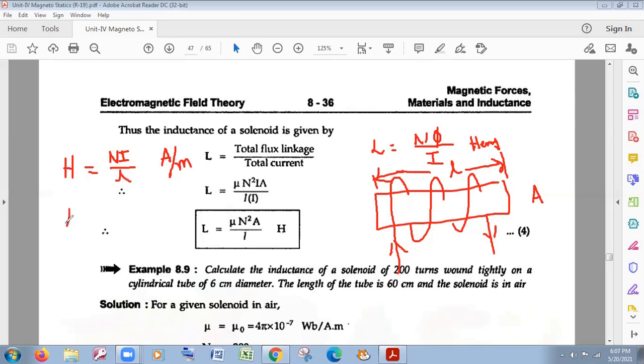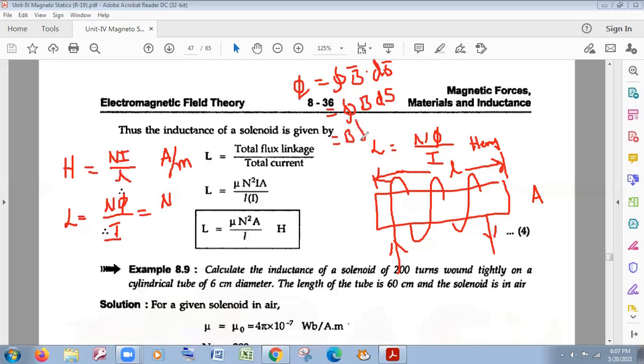The total flux linkage: whenever L is equal to the total flux linkage, it means N into phi, N phi by I actually. What is the N phi? N phi is equal to the integral of B bar dot dS bar. If I use it as a magnitude only, B into dS, where the integral of dS is a surface area only.